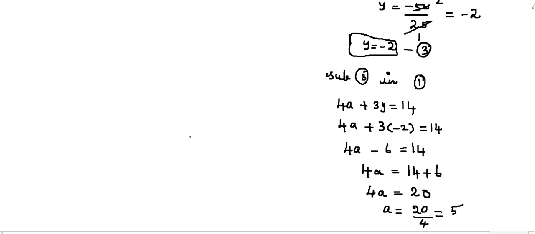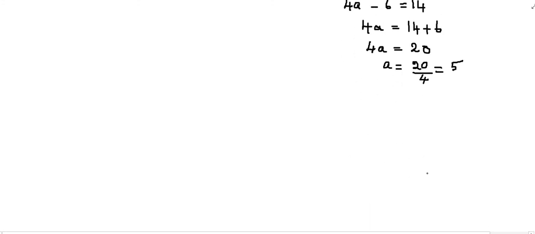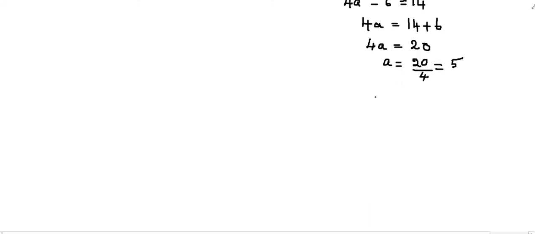What I have taken a as 1 by x. So a is equal to 5 means I have taken 1 by x as a. So 1 by x is equal to 5. So I'll get the value of x is equal to 1 by 5.